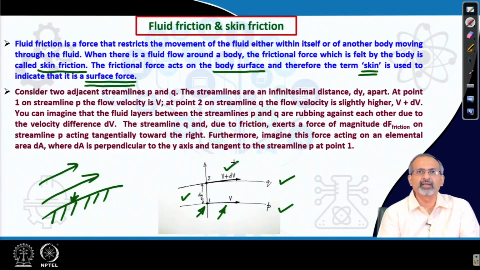So, the quicker streamline is trying to pull the slower one ahead through friction. Furthermore, we imagine that this force acts on an elemental area dA, where dA is perpendicular to the y axis and tangent to the streamline P at point 1.